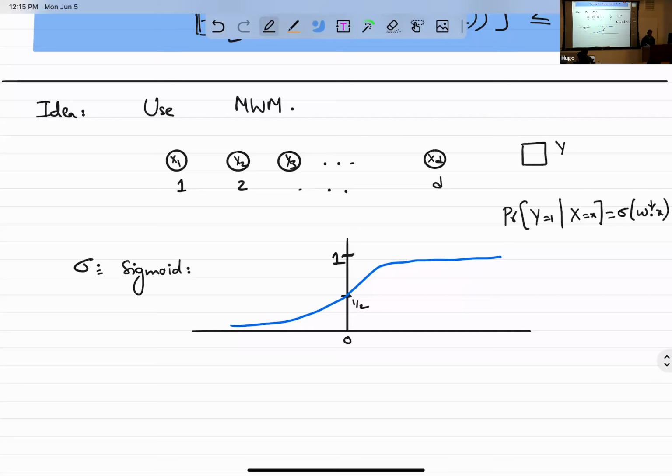So let's say if W star 1 is greater than 0, how would you expect Y to be correlated with X1? Like if X1 is positive, would you expect Y to be more likely to be 1 or less likely to be 1?